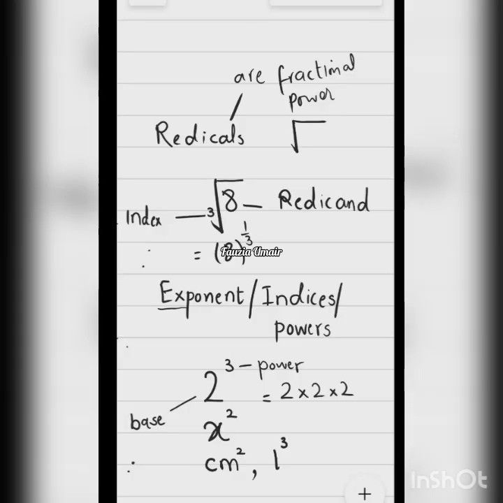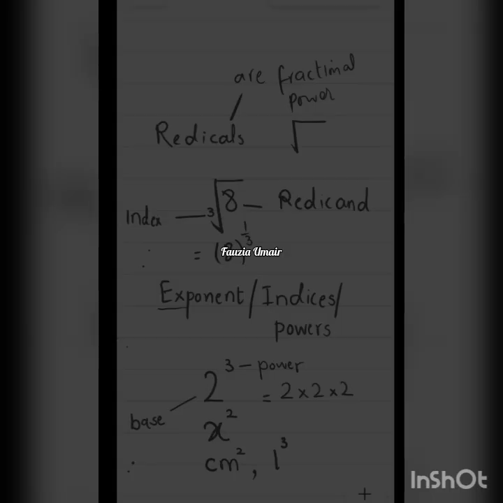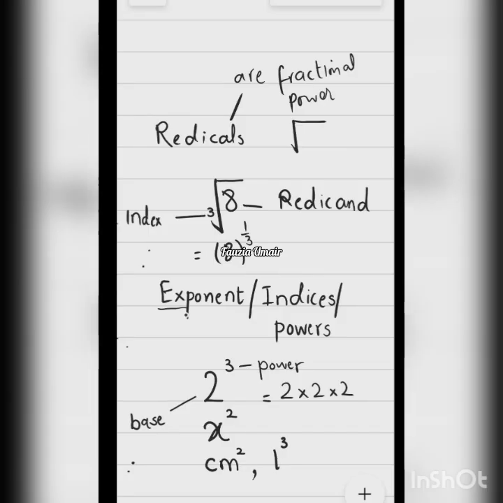Please unmute your mic and tell me if you cannot understand anything. Okay. Is this clear till this point? The two things. Yes, ma'am. All right.